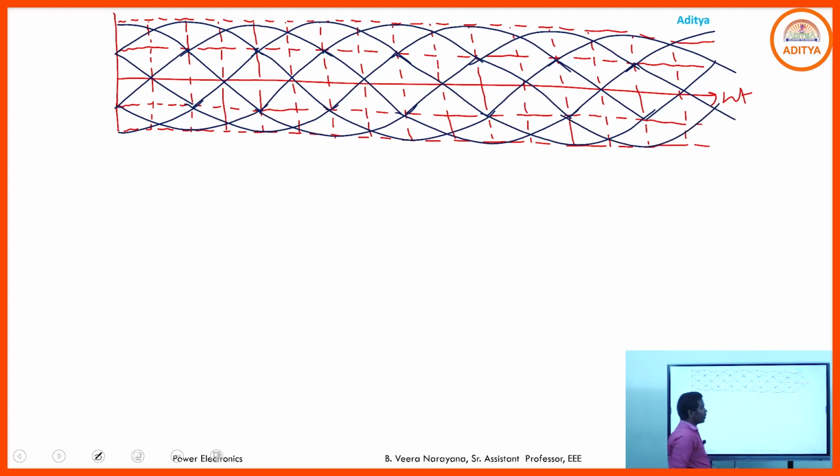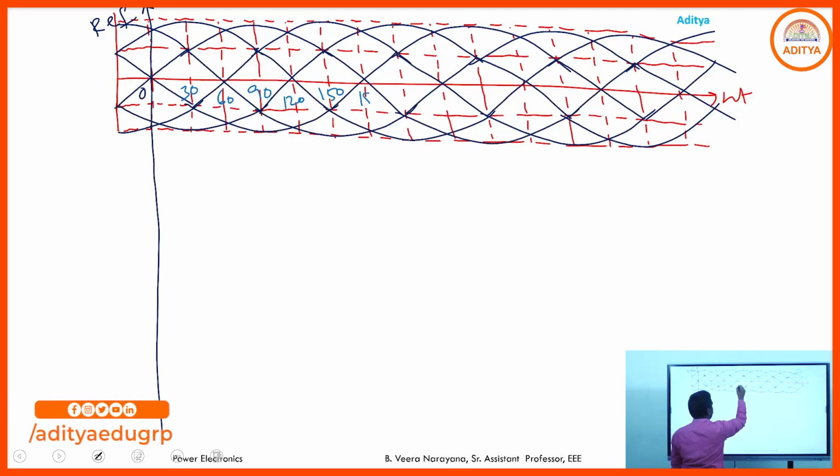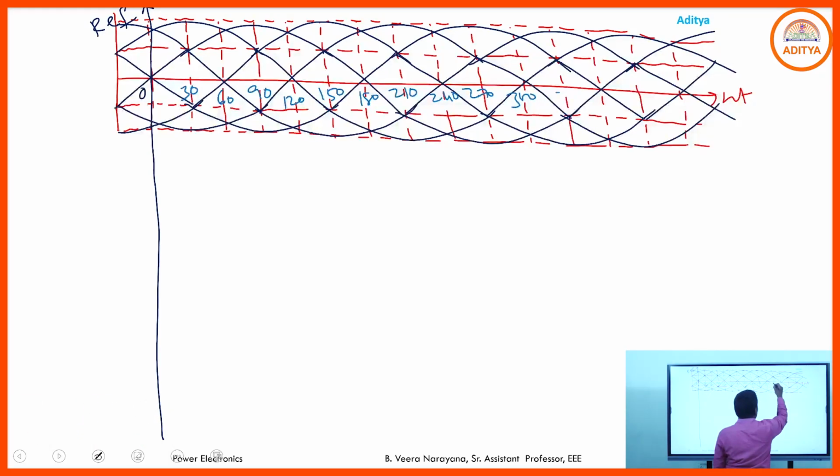Like this. So you take from this onwards as the reference. It is the reference. So you keep here 0, 30, 60, 90, 120, 150, 180, 210, 240, 270, 300, 330, 360, 390, 420.